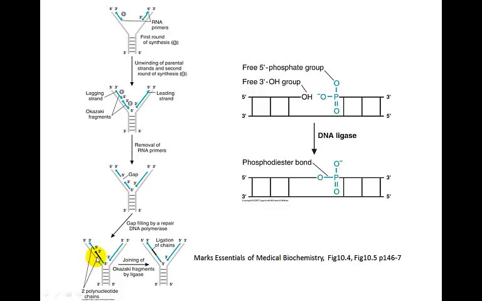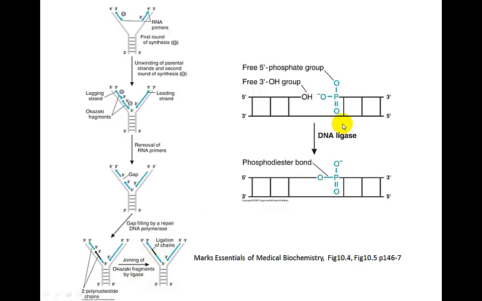We've removed the primer, we've added more DNA, and now we need to covalently bind this arrow to this tail. And so that's called ligation of chains. So we fill the gap that we made by DNA polymerase 1, and then we're going to join the Okazaki fragments together by DNA ligase.